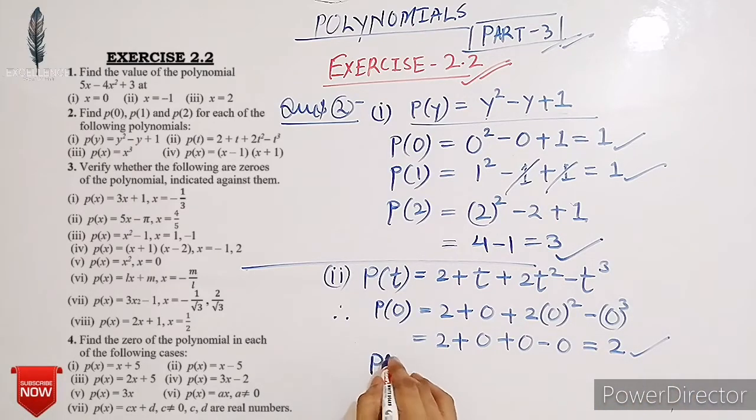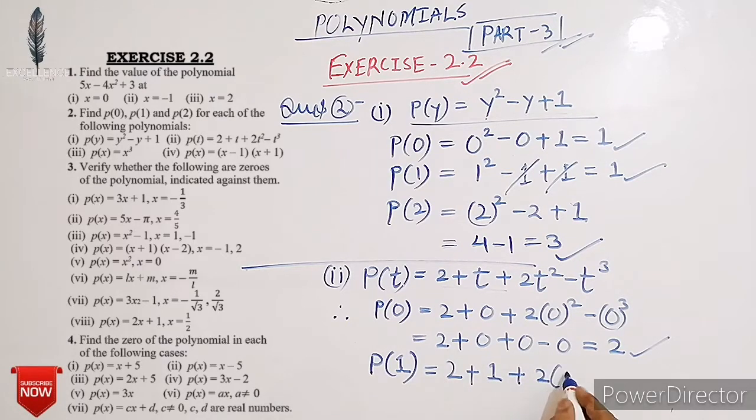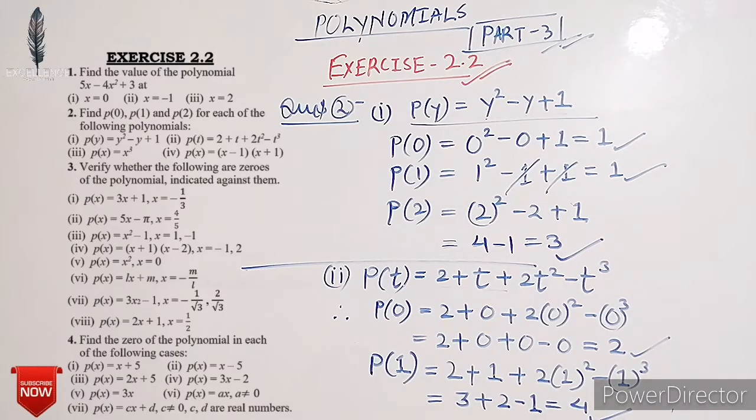Here p of 1, put 1 at the place of t to get p of 1. So here p of 1 is equals to 2 plus 1 plus 2 into 1 square minus 1 cube. Here 3 plus 2 minus 1 is equals to 4.